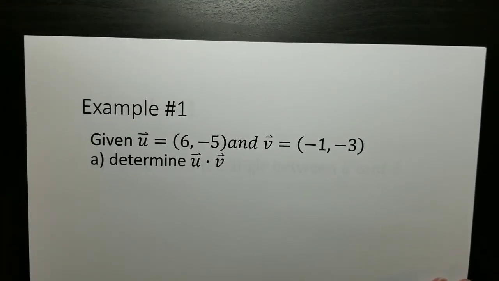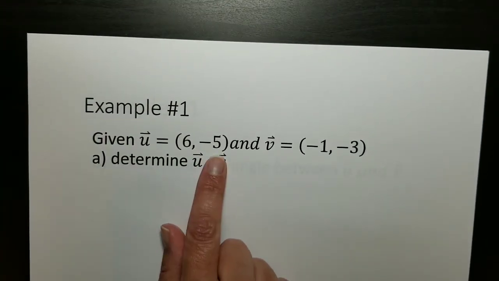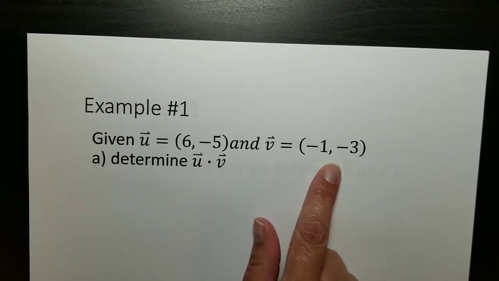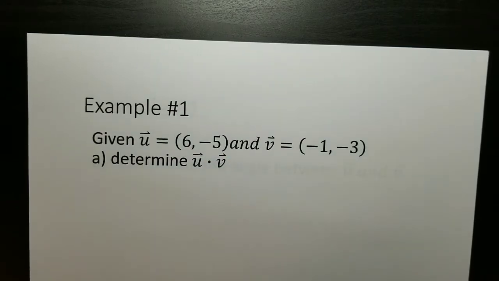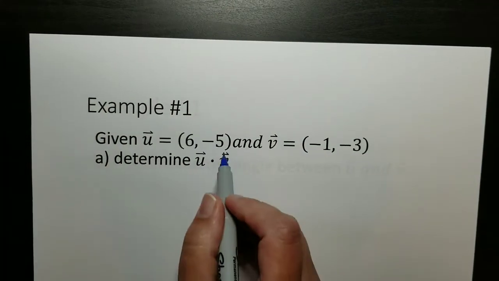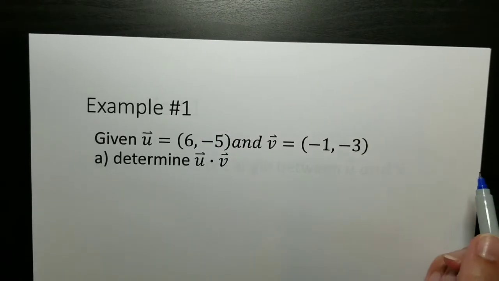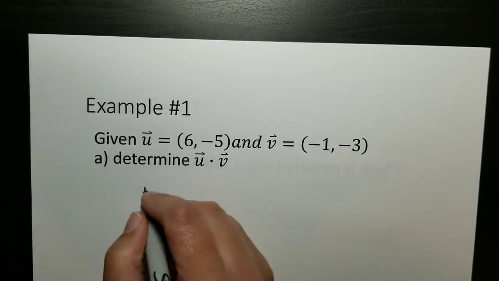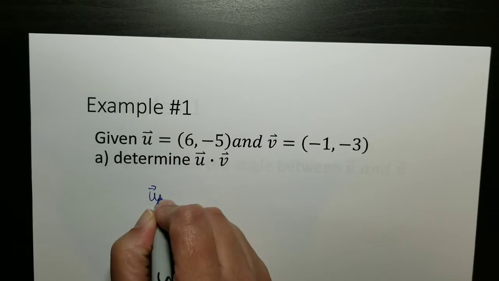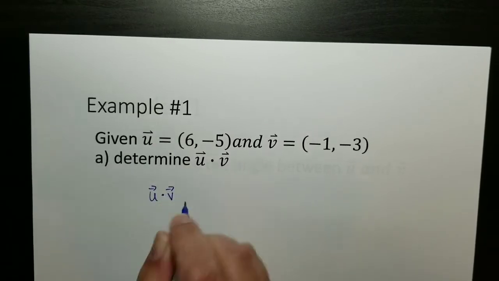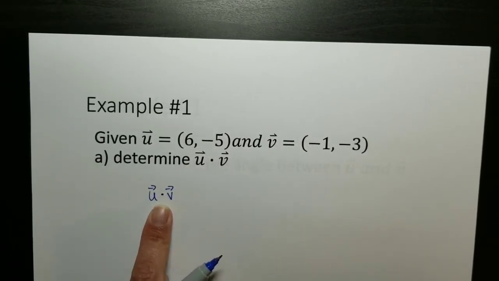So first example here, we are given two vectors in R2, and we want to determine u dot v. So we see u and v. Again, be careful with the notation, make sure you're showing a dot there.